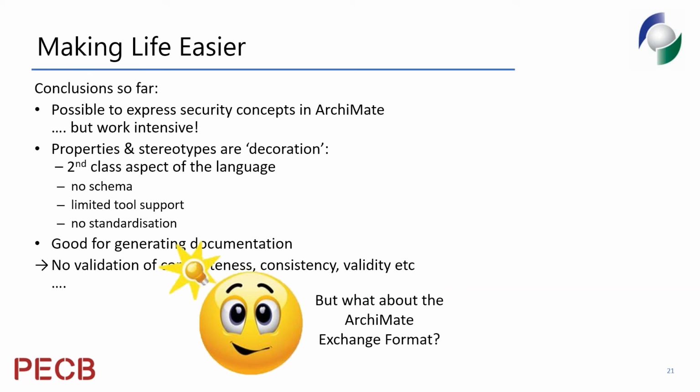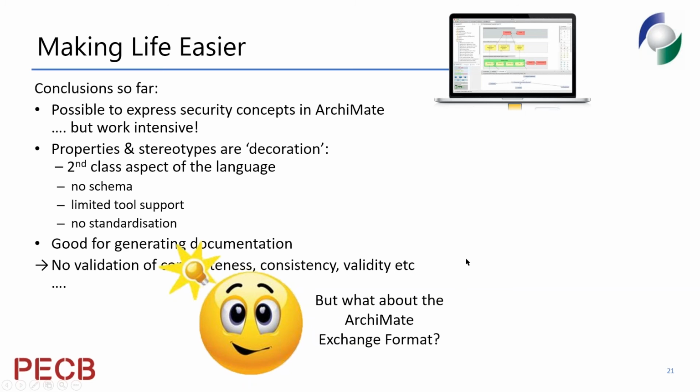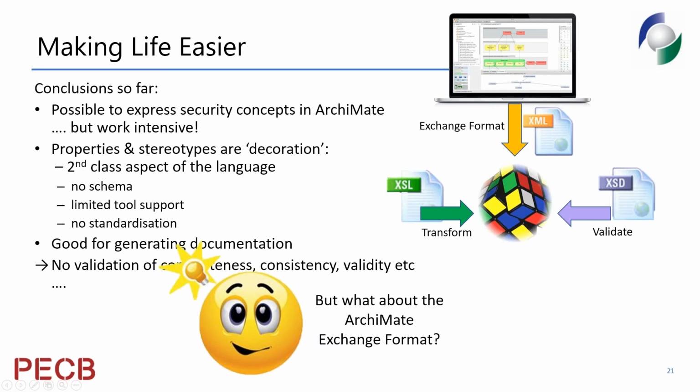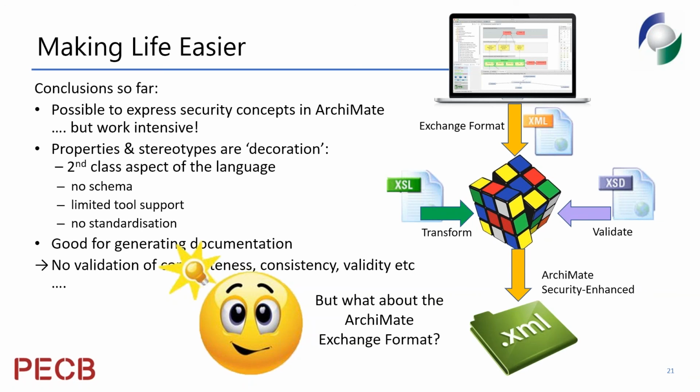But remember, we've got that XML format. We can export out of our models a semantic representation that's machine readable. So we can take that format out of the model, transform it with some sort of XML tool, and come up with a new model, security enhanced, that allows us to interrogate the model that we've created.